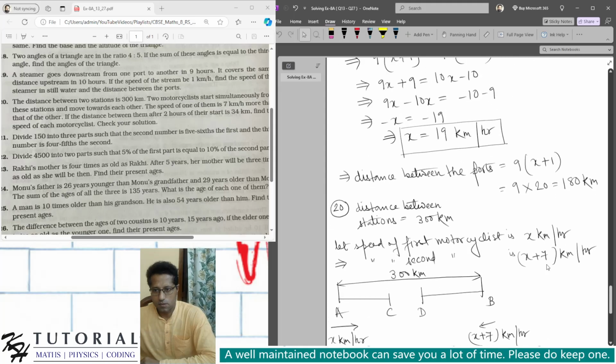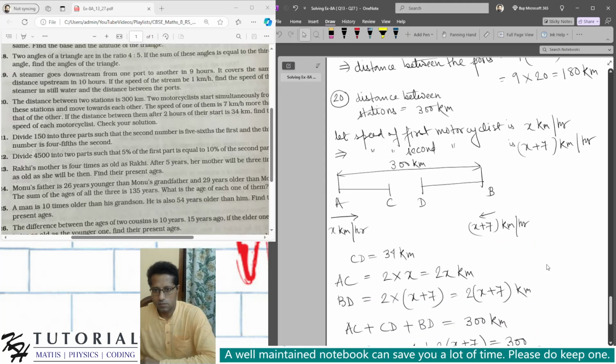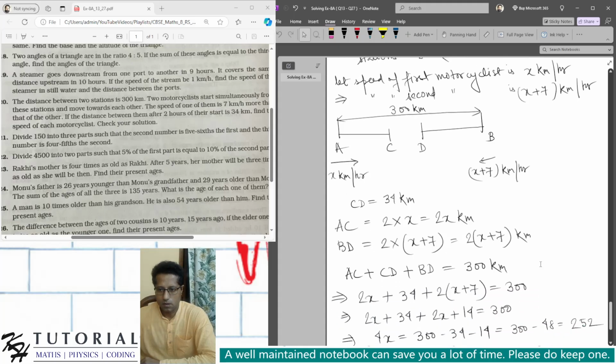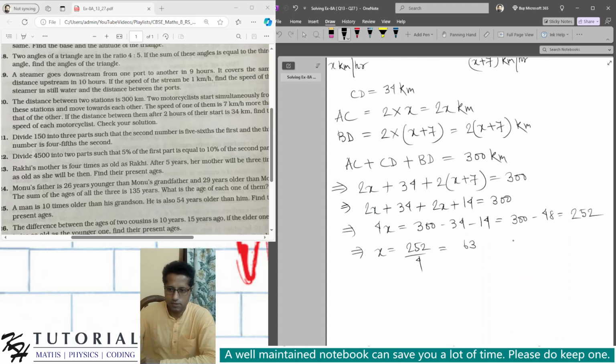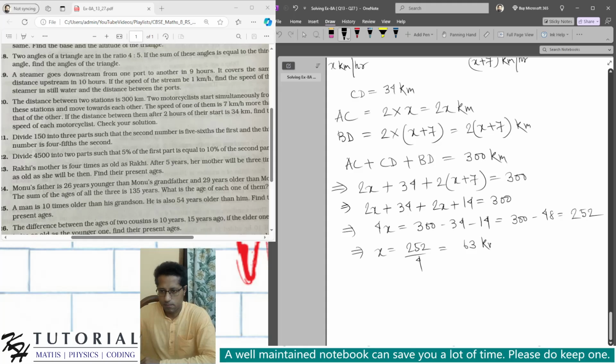What was x? The speed of the motorcyclist. So x is 63 kilometer per hour.